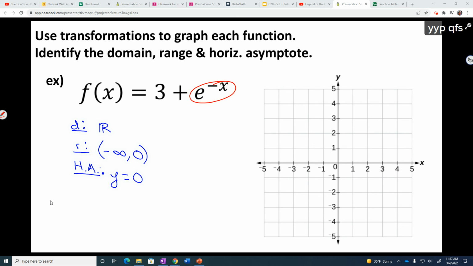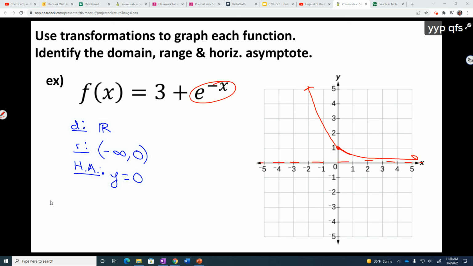But since we noticed that, we can just go ahead and draw it with that reflection. If you didn't do that, then it's okay, you would still have to reflect it over the y. But we just take care of that step at the beginning because it's a negative x, so we know it's decay.